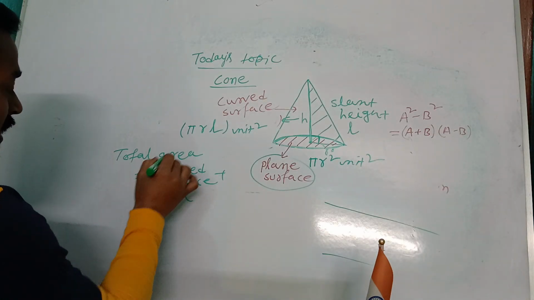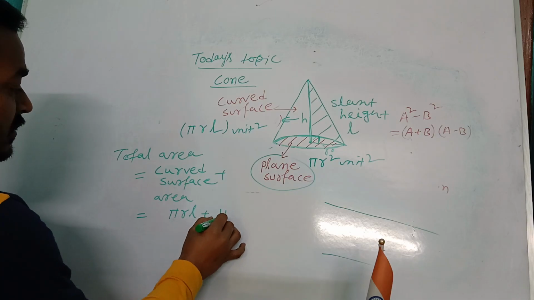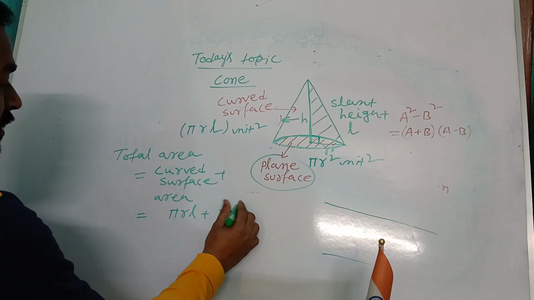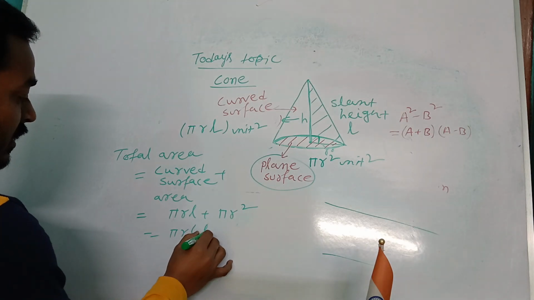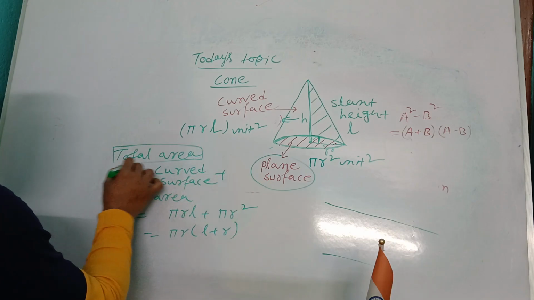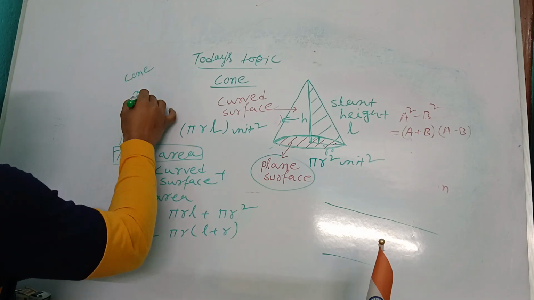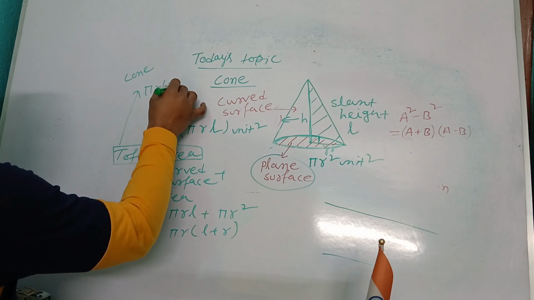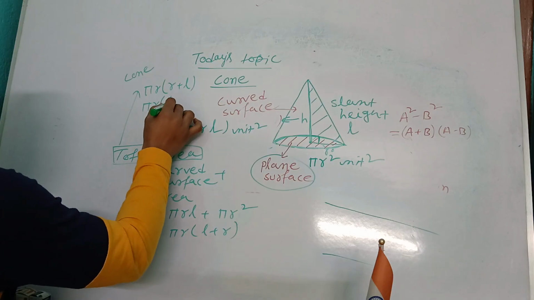So the curved surface area is pi r L, plus pi r square. If I take pi r common, we can write L plus r. The total area of a cone is pi r into r plus L, or pi r into L plus r.